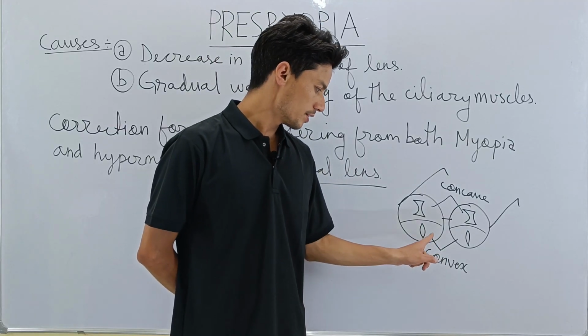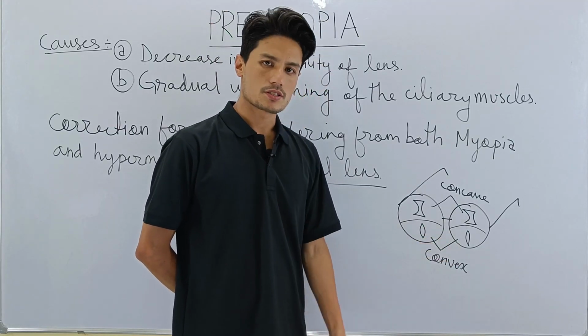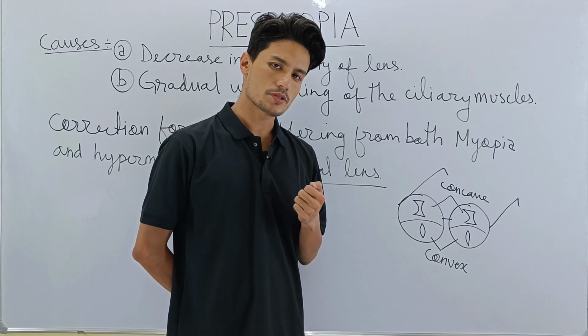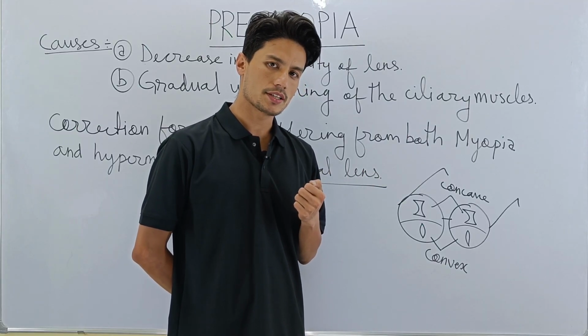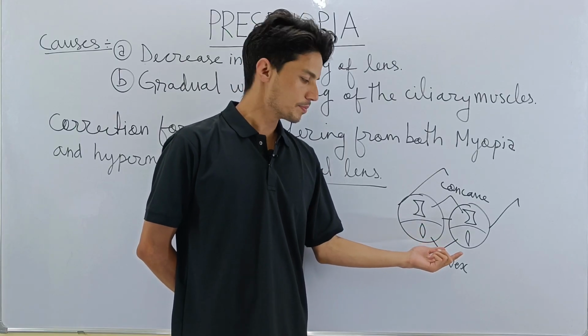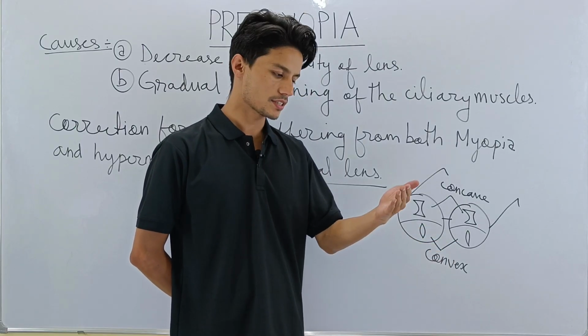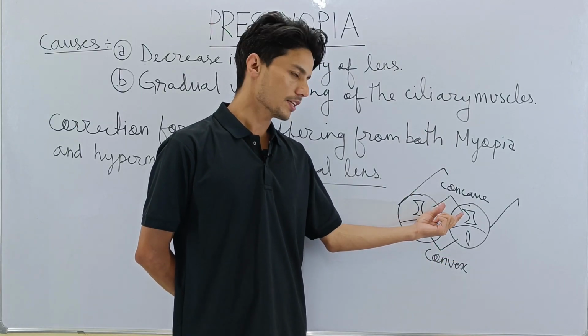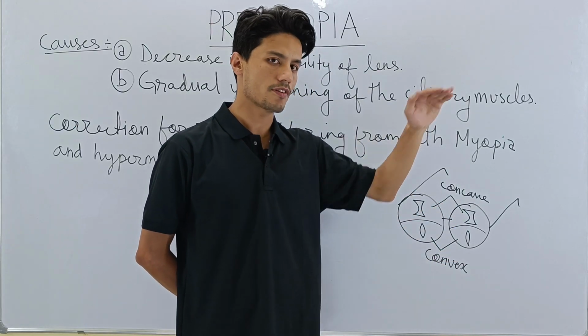Now you tell me, the lower part is convex, so will this help him see near or far? Pause the video and think. Yes, the answer is it will help him see near. Convex helps you see near, and concave will help the person see far.